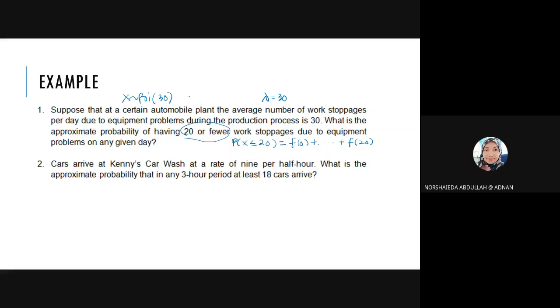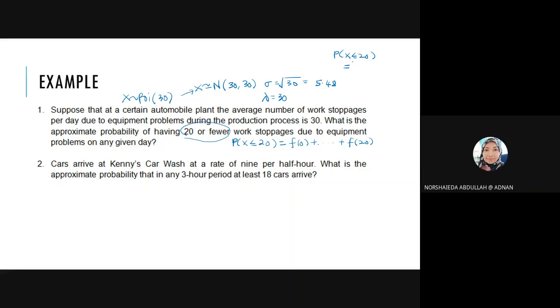All right. So if you want to use the normal approximation, mean equal to lambda equal to 30, variance also equal to lambda. So standard deviation equal to square root variance equal to 5.48.